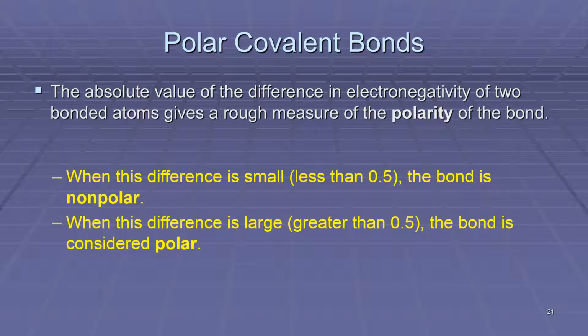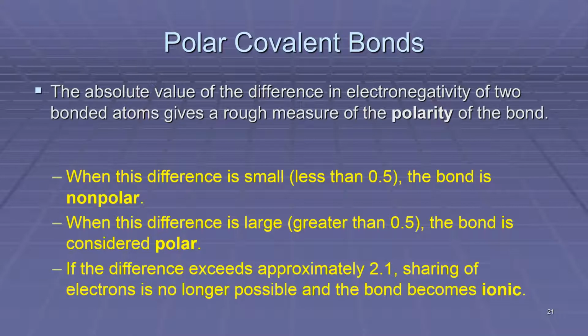And actually, since chemistry is not just black and white, it's usually more of a continuum. If the difference exceeds around 2.0 to 2.1, the sharing is so poor. One atom likes the electron so much more than the other that in fact the one that likes electrons more will actually steal the electron, and so you actually have an ionic bond.